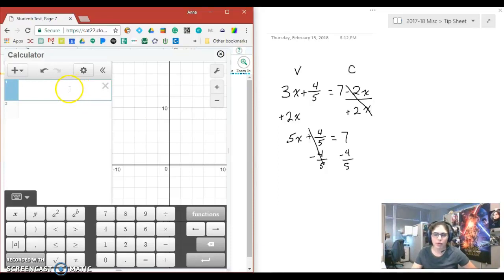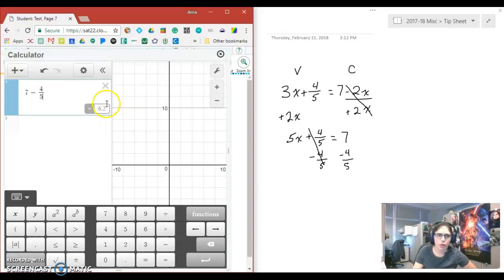So if I end up with an irrational number that has a lot of decimal points where I would end up having to round, I don't want that. So I'm going to type in just 7 minus 4 divided by 5, using the keys on my keyboard. 7 minus 4 over 5, and that gave me 6.2.